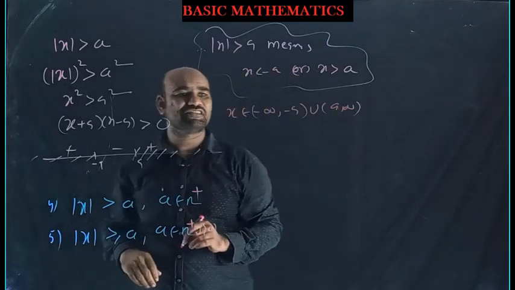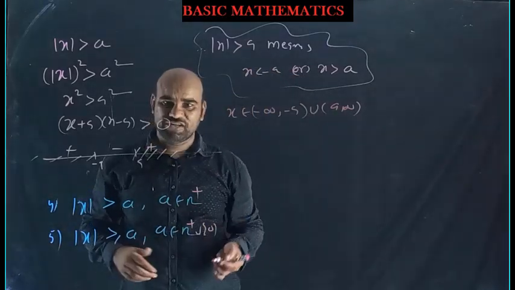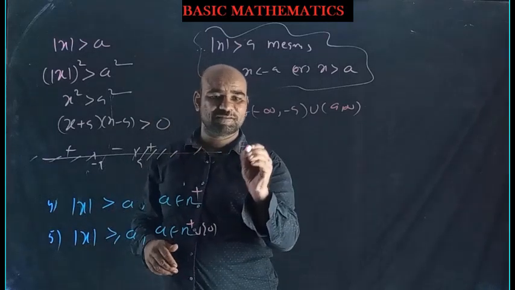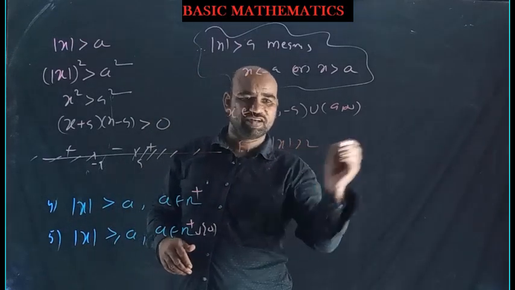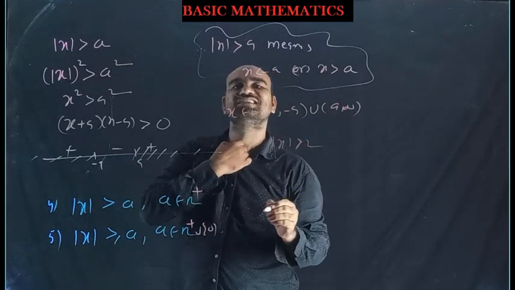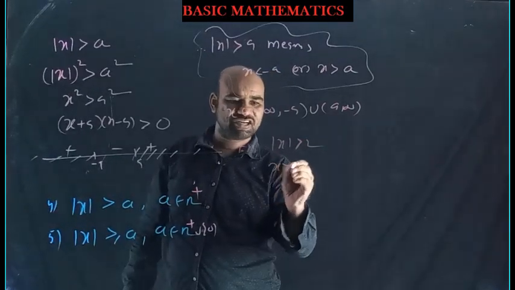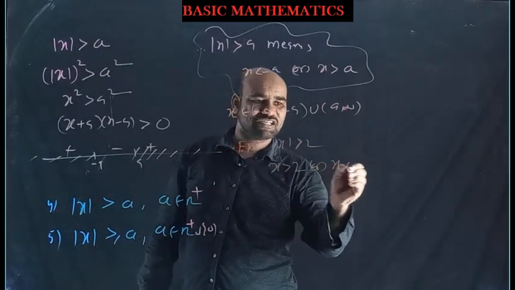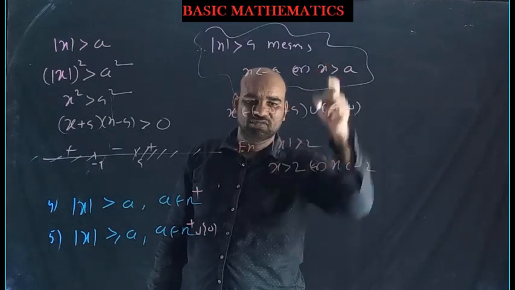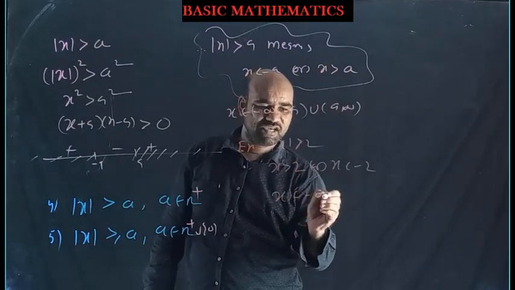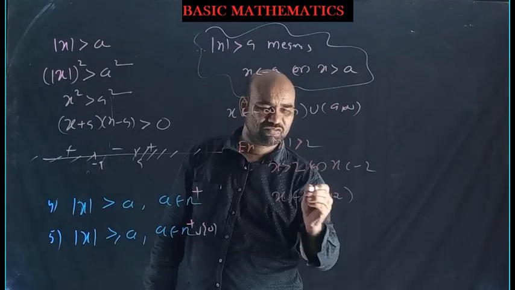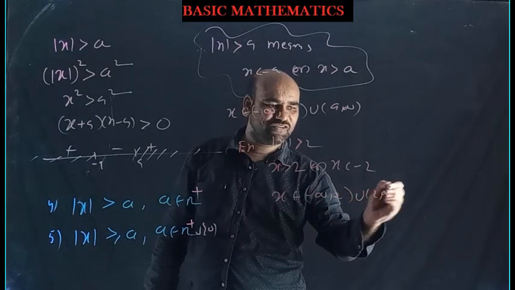For example, mod x greater than 2 is given. So directly I can say x greater than 2 or x less than minus 2, or x belongs to minus infinity to minus 2 union 2 to infinity.